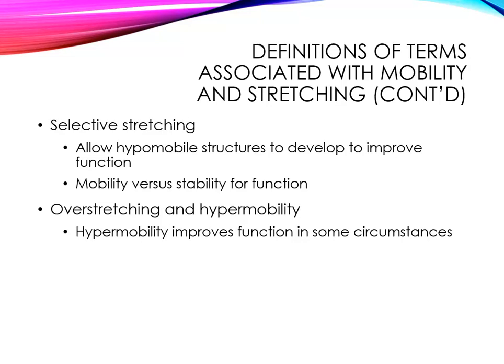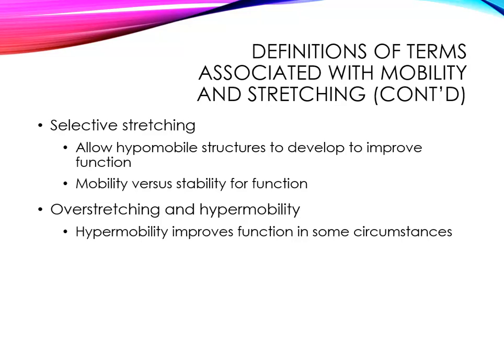Overstretching and hypermobility. Overstretching is a stretch well beyond the normal length of a muscle and range of motion of a joint and the surrounding soft tissues, resulting in hypermobility, or excessive mobility. Creating selective hypermobility by overstretching may be necessary for certain healthy individuals, those who participate in sports such as a baseball pitcher, that require extensive flexibility.